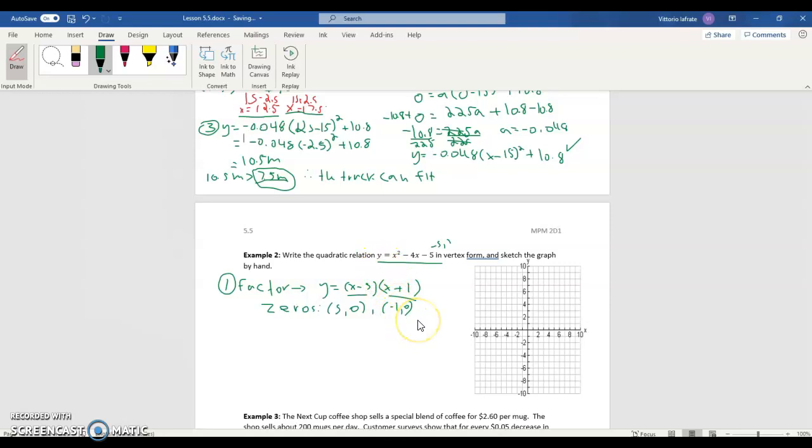What we can also do is find our h value. Remember that the h value is the x value in between the zeros. So I'm going to go plot this right now. I have 5, 0, so here's 2, here's 4, here's 5, 0. And here is negative 1, 0.